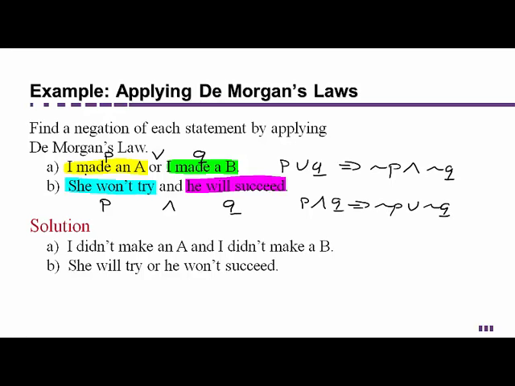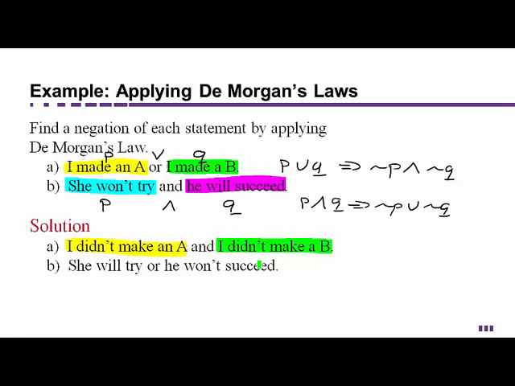Okay, so what's the negation of I made an A? It's I didn't make an A. And then, of course, the negation of I made a B is I didn't make a B. And the or changes to an and. It's just that simple. Same thing with this one. She won't try becomes she will try, and he will succeed becomes he won't succeed.